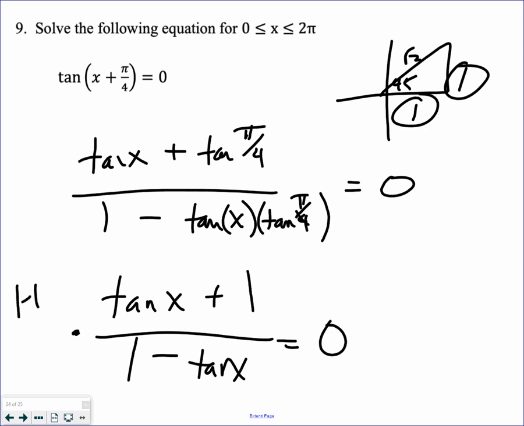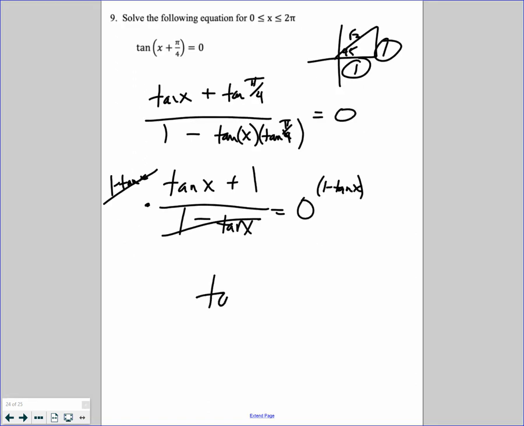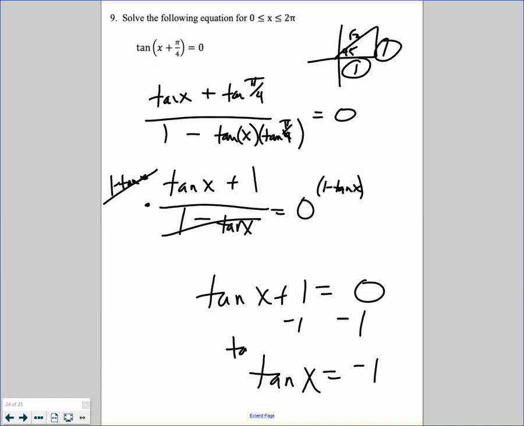Multiplying both sides by the denominator gets me tangent of x plus 1 equaling 0. Subtract 1, and now I'm down to a question from last chapter. Do the inverse tangent of negative 1. So where is tangent negative 1?